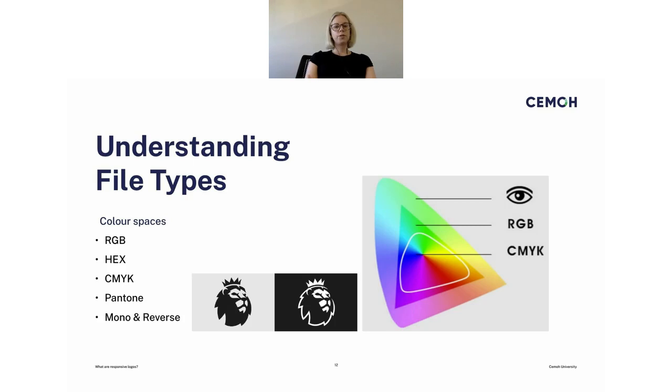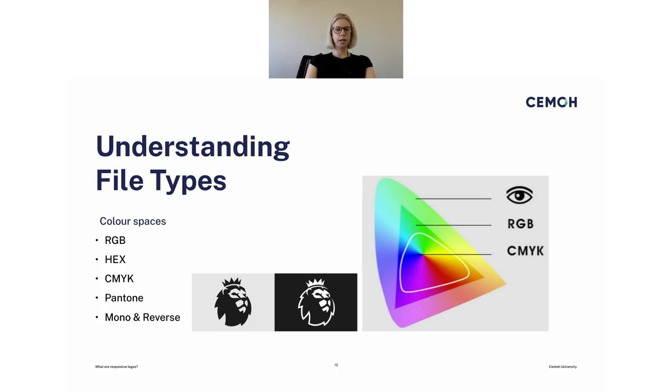The reason this was developed is that RGB stands for red, green, and blue. And it's quite a large colour space. If we look at this diagram on screen, you can see that the human eye sees a lot of variation in colour, and we can't duplicate that easily on screen and in print.